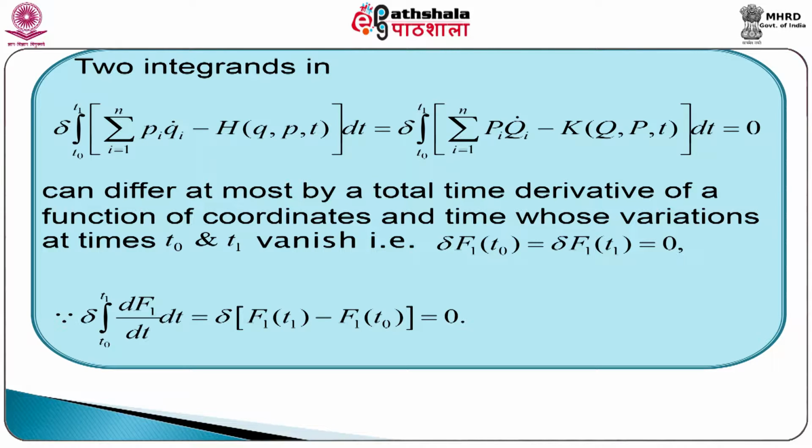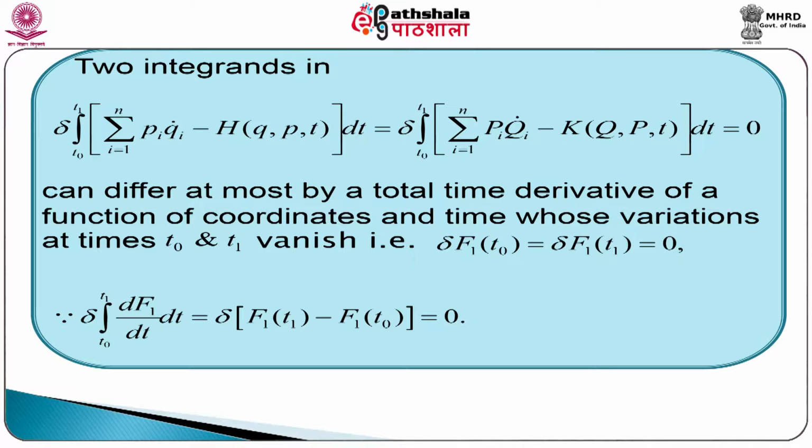But the two integrands in the following equation can differ at most by a total time derivative of a function of coordinates and time, whose variations at times t0 and t1 vanish. That is, delta of capital F1 at t0 equal to delta of capital F1 at t1 equal to 0.